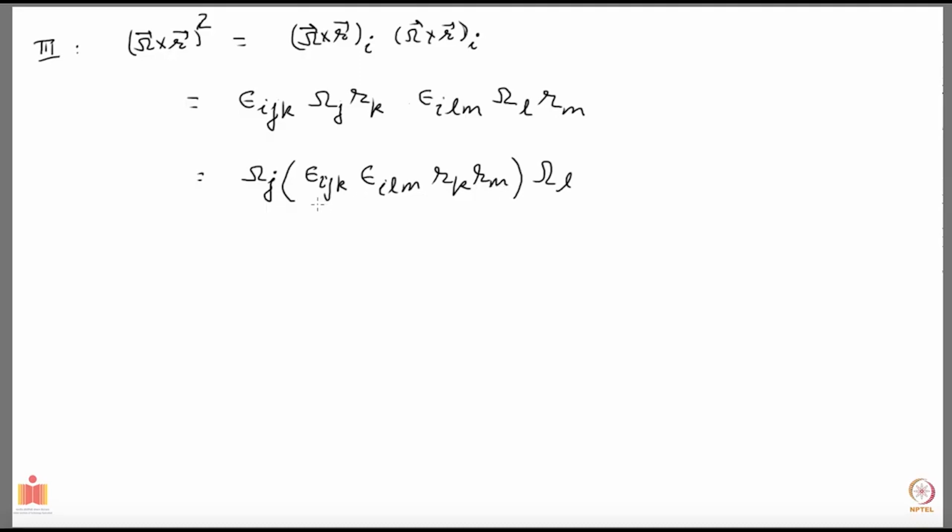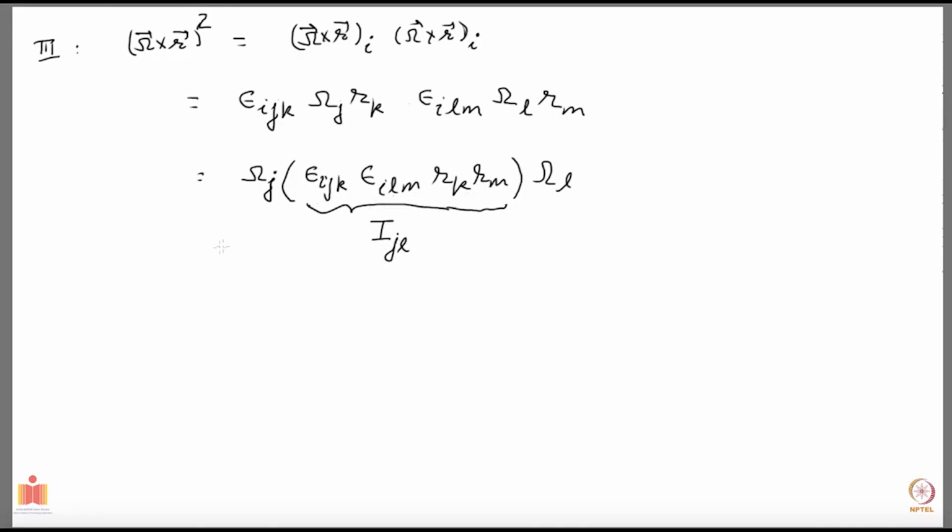j and l are also repeated here, but if you look at only this piece, let me call it some quantity I, what are the indices it is carrying? It is carrying j and l. The others are contracted within this piece.